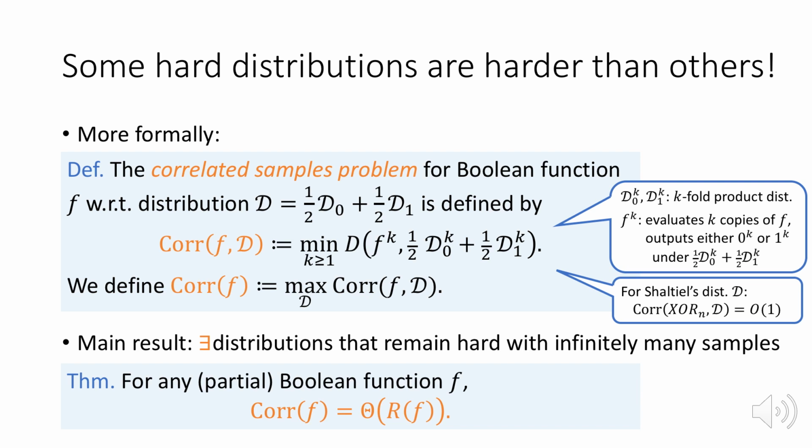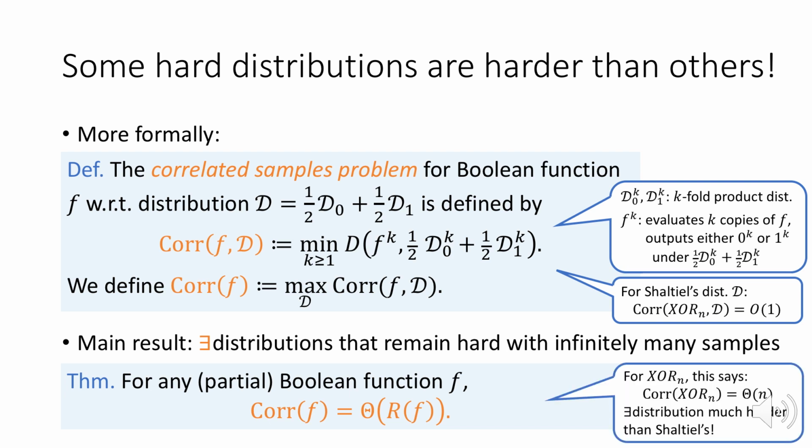The main result of this work is that, for any Boolean function f, which can be partial, CORR of f is equal to R of f up to a constant factor. That is, we show that there exist distributions that remain hard even with infinitely many samples. So for XOR, as an example, this says CORR of XOR is in theta of n. So there are hard distributions that are much harder than Shawty's.